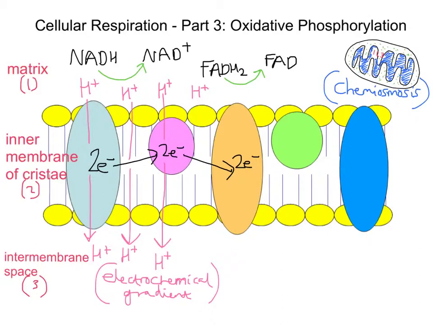Now, before we deal with those H+ ions, it's important to note what happens to those electrons in the electron transport chain. If we move them to this green one here, these electrons now combine with oxygen. So we get something very special at this stage. Oxygen will combine with 2 protons and those 2 electrons, and it will form water.